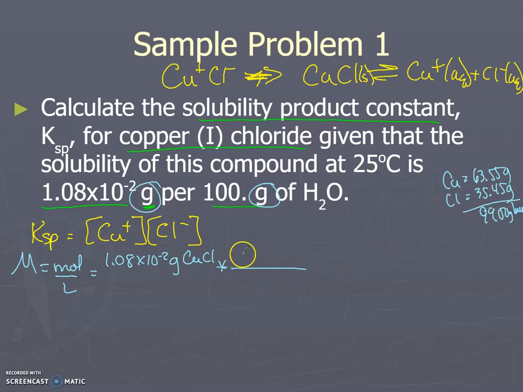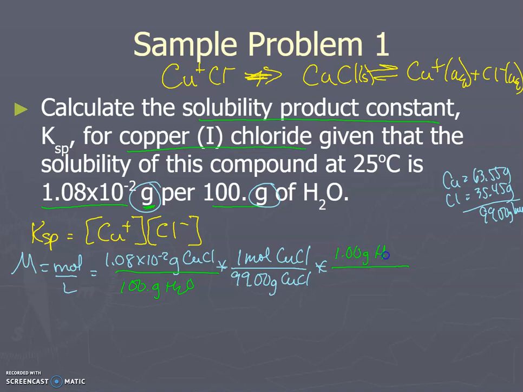So I get 1 mole CuCl here, 99 grams here, and then I'm going to take the 100 grams of water and change them into milliliters.